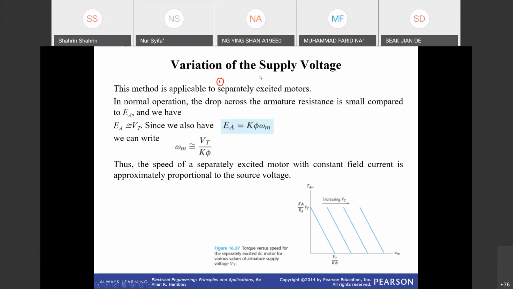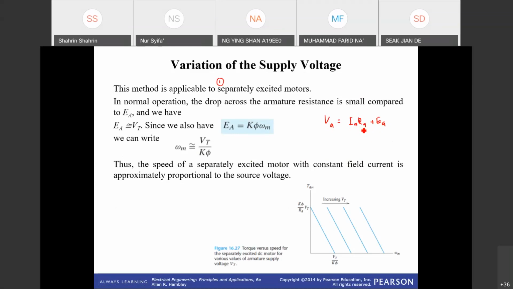We can see that in the back EMF equation, the back EMF voltage produced or induced is proportional to the speed of the motor. Based on the armature circuit equation, VA is equal to IA RA plus EA.